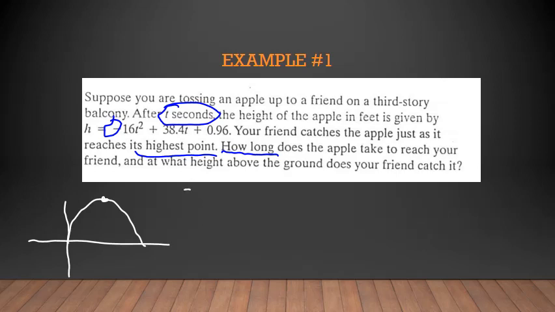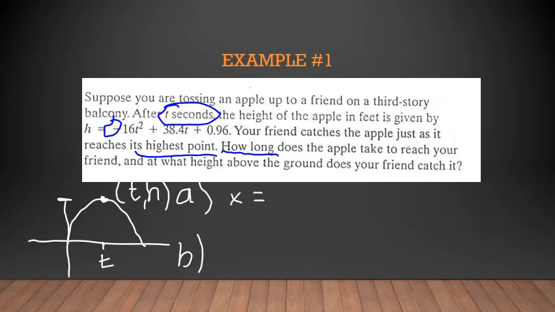So part A is asking how long does it take, so that's going to be the time, which would actually be in this case the x part of the parabola, because that would give me the amount of time that it takes for it to reach that maximum height. And h would be the height. So in part A, what we're looking for is the x part of the vertex.